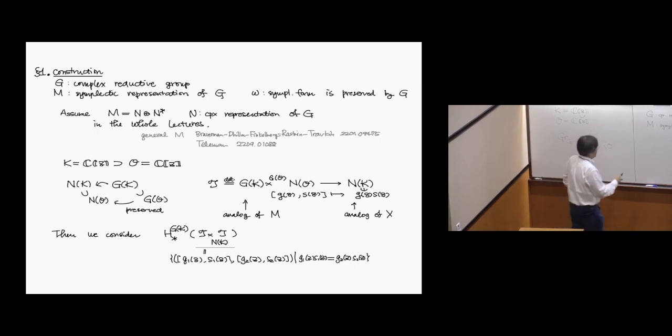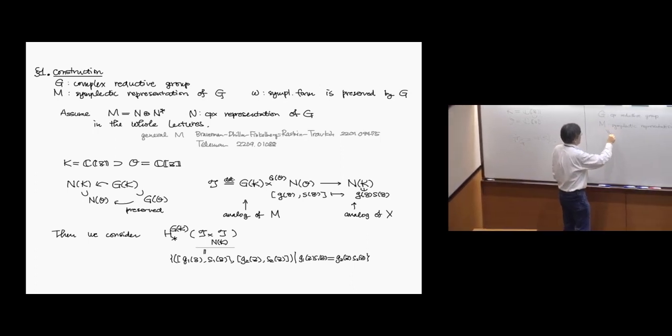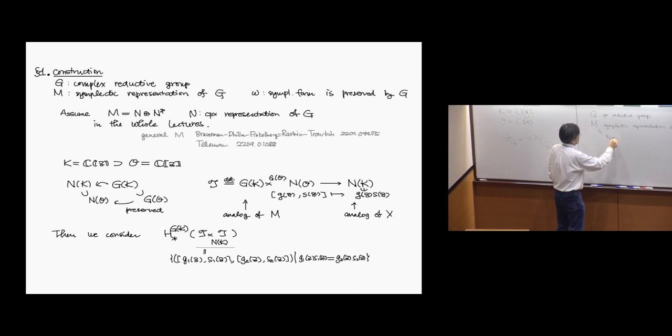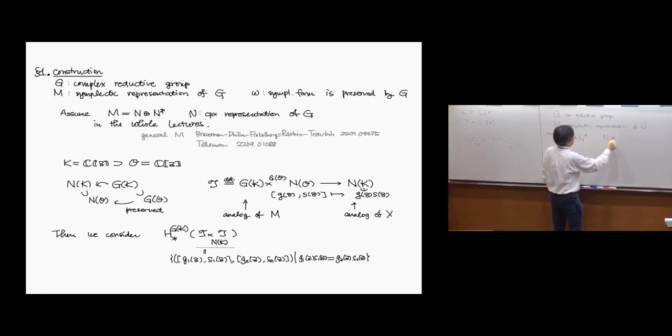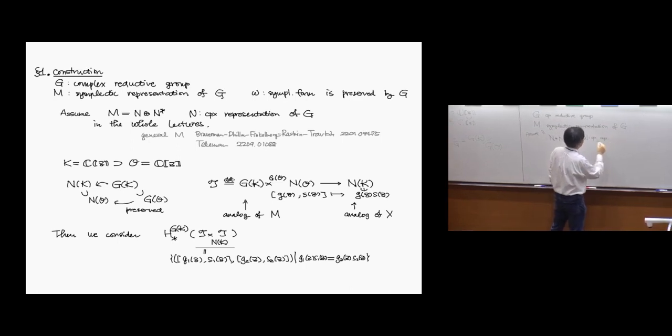But in these lectures, I assume M is of this form, N plus N star. This is an assumption. So N is a complex representation, a usual representation.